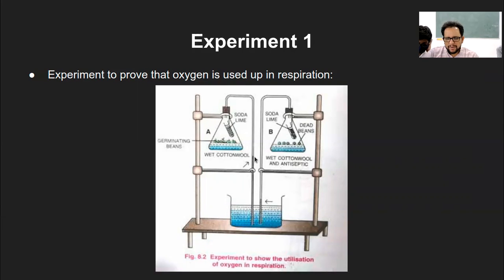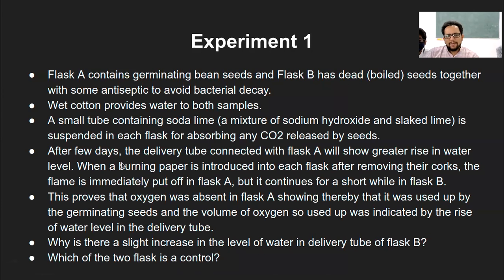Now if you carefully look at this diagram, the water level in the flask A connecting tube, or delivery tube, is up to the point where my cursor is, while in the other case it is just up to here, with flask B. So after a few days, the delivery tube connected with flask A will show a greater rise in water level.